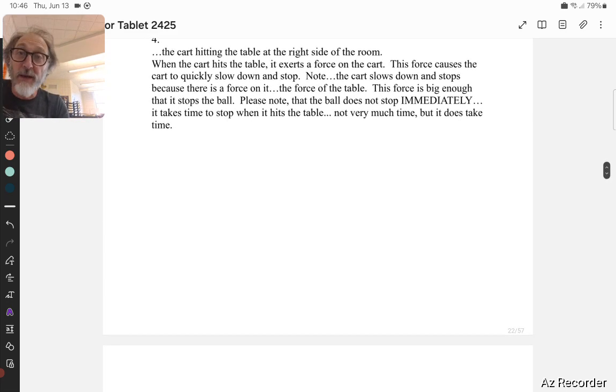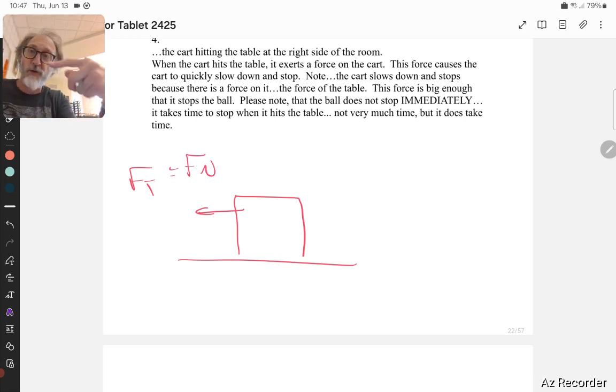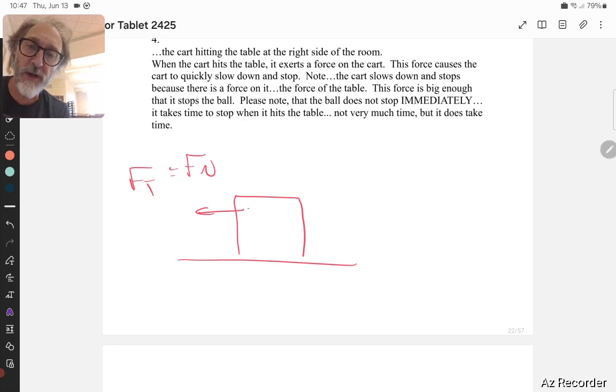Then the cart hit the table. So here's the cart moving along, and boom, force of the table. You could call that a normal force. That normal force from the table caused it to very quickly slow down and stop. What I probably should have done is use a big arrow, because it's a really big force.